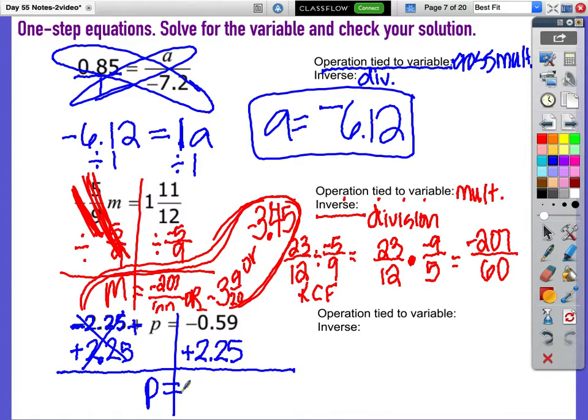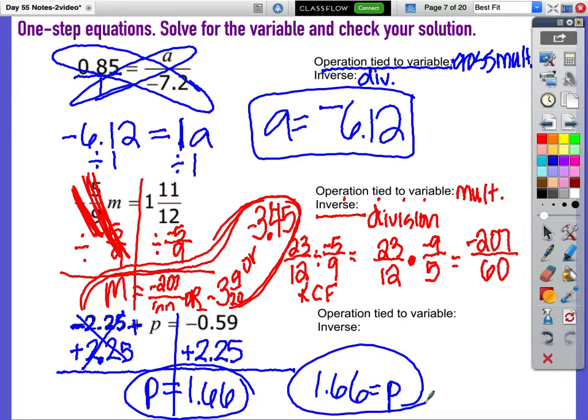We know our equal sign is always in the middle of our problem, through that line in the middle, and then we say negative 0.59 plus 2.25, and we get 1.66, and that is our answer. 1.66 equals p is an alternate answer, because I want you to get in the habit of knowing that you can write this either way and it's still correct as long as you still have that equal sign in your problem.